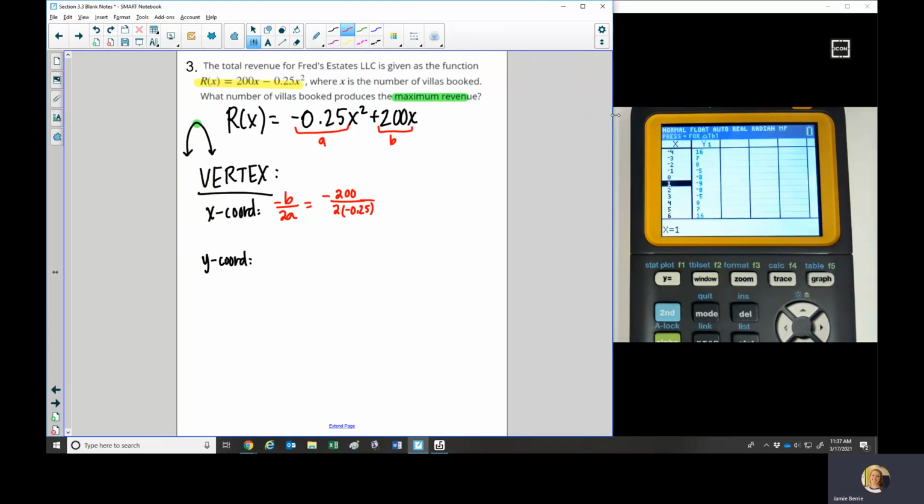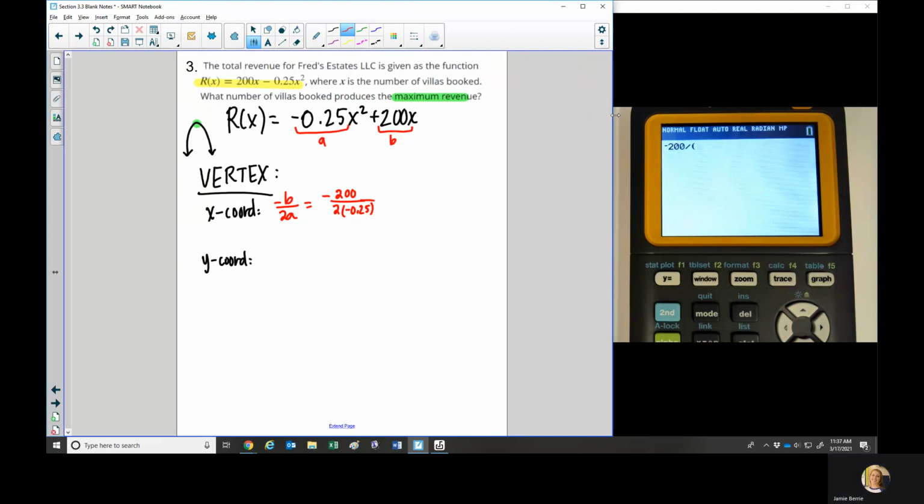To get out of this screen, I'm just going to hit second quit. So here's how I'm plugging this in. Negative 200, make sure you're using the negative, not the minus, divided by, now I need to put the entire denominator in parentheses so that my calculator knows that everything inside these parentheses is in the denominator. So that's 2 times negative 0.25, close parentheses. So that's 400.